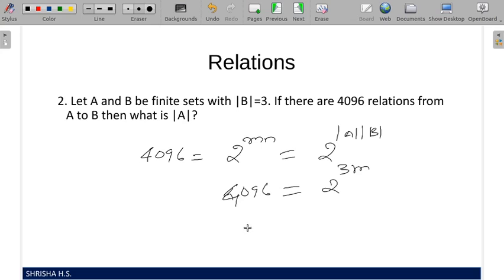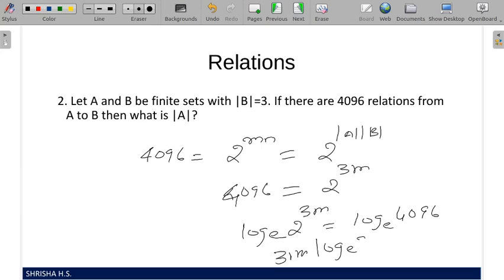Applying log e, we get 3m log e 2 equal to log e 4096.